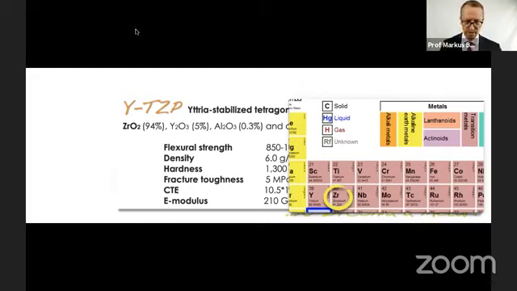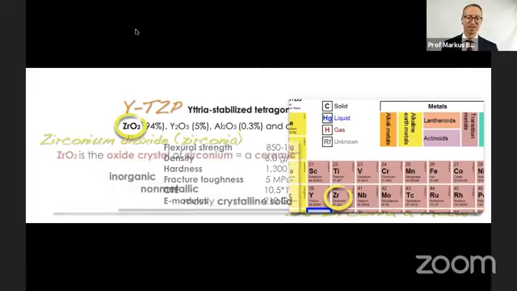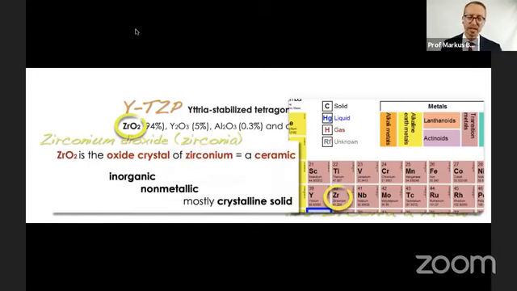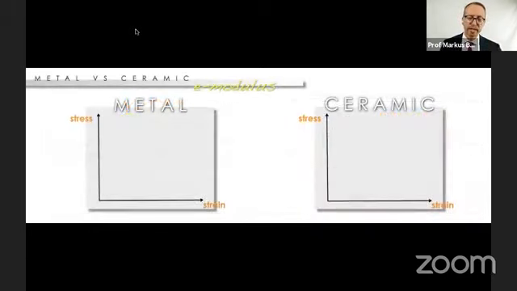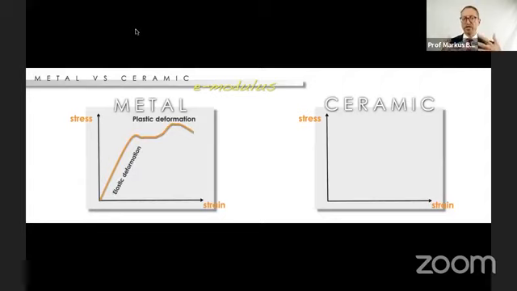Zirconium is a metal, but zirconia, as we use it in dentistry, is zirconium dioxide, which is a ceramic. It's the crystal of zirconium, and by definition inorganic, non-metallic, and mostly crystalline solid. It's important to understand the difference. When I put a stress on a metal, it has the ability to undergo plastic deformation.